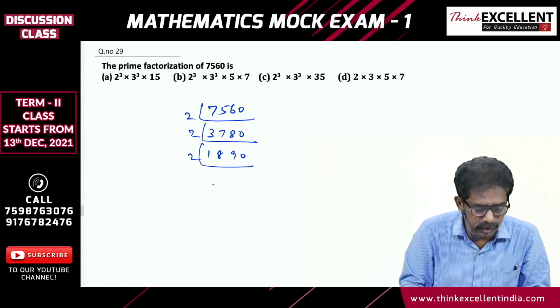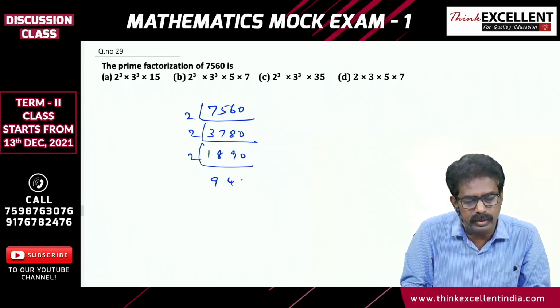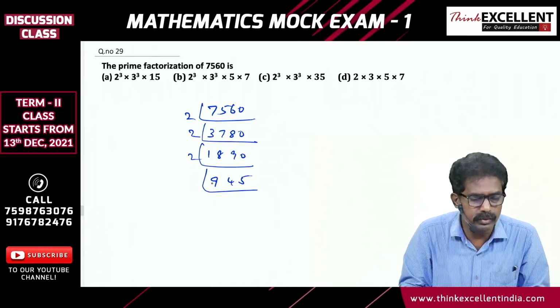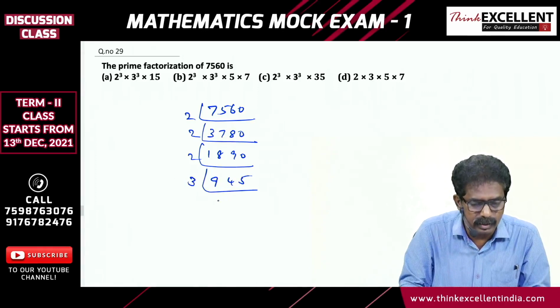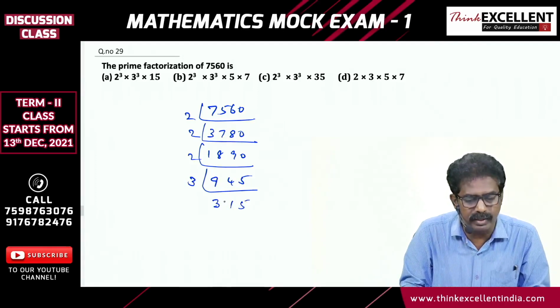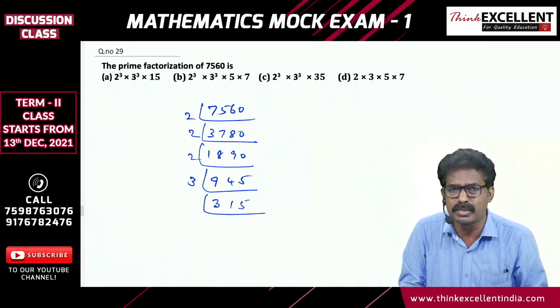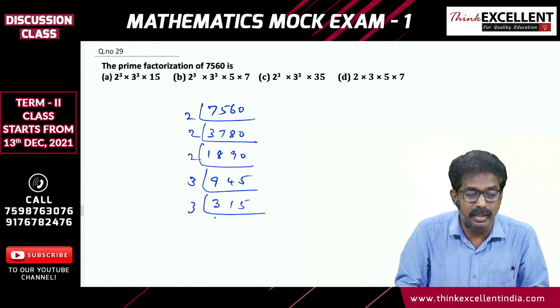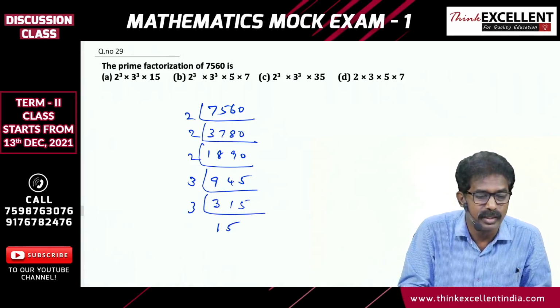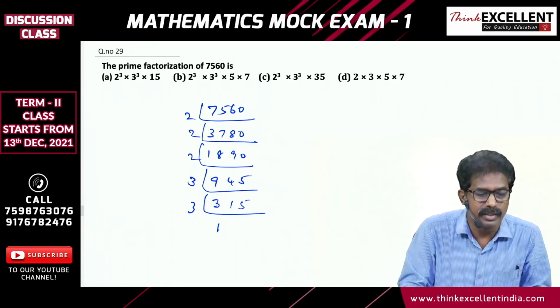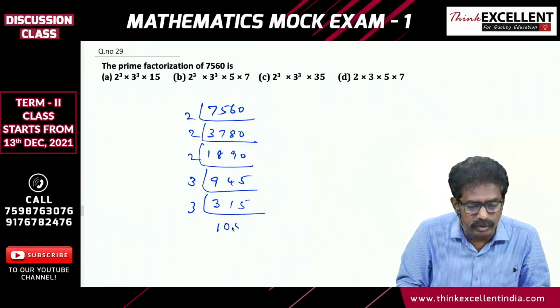Again 2 table, 945. Now 3 table, just add the digits. If it is divisible by 3, then it is divisible by 3. So 315. Now sometimes some students make mistakes. When you divide by 3, some students write 3 one time, then 15 they take 5. No, you have to give 105. Yes, you have to be very careful in this one.